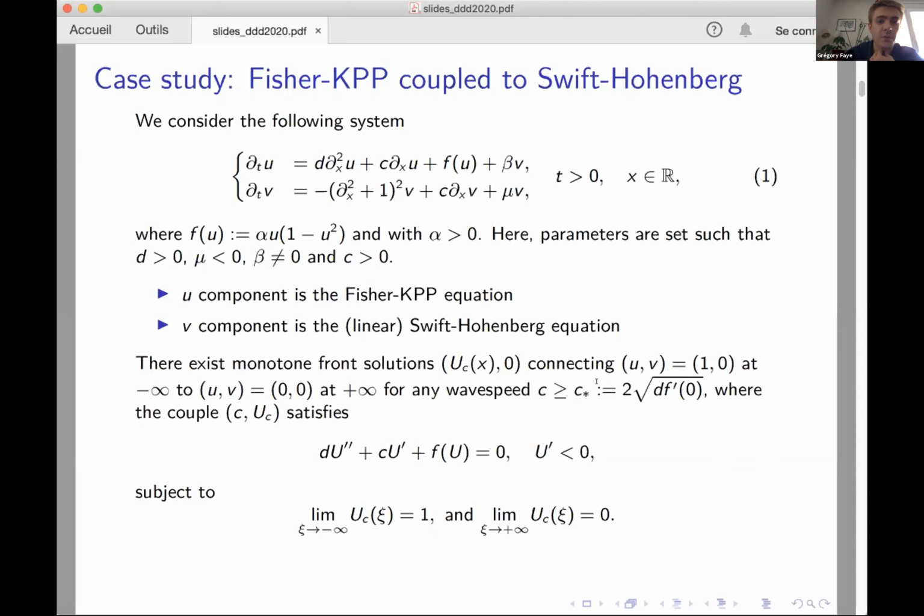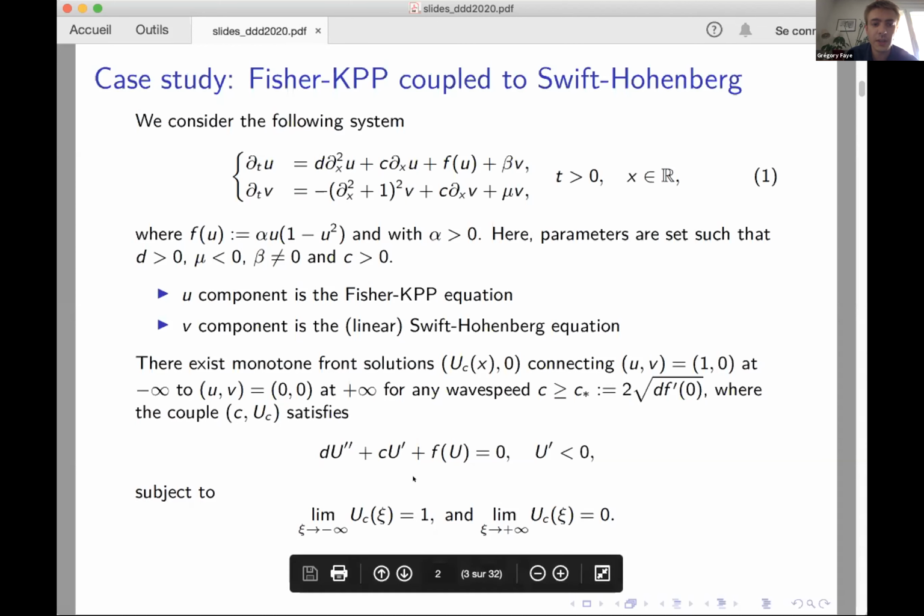Here it's just given by 2 times the square root of d f'(0), and just to fix ideas, for this specific nonlinearity f'(0) is just alpha. And so it satisfies this traveling wave ansatz with the boundary conditions that I just mentioned.